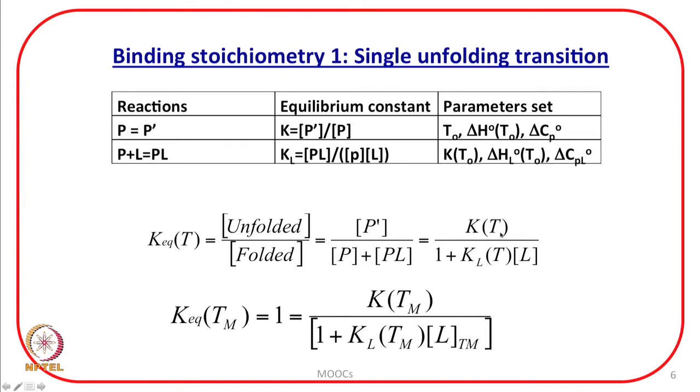And now what I will do is, instead of T, you just write Tm. The description is the same. So, it becomes K at Tm over 1 plus KL at Tm into the concentration of ligand at the midpoint of transition.